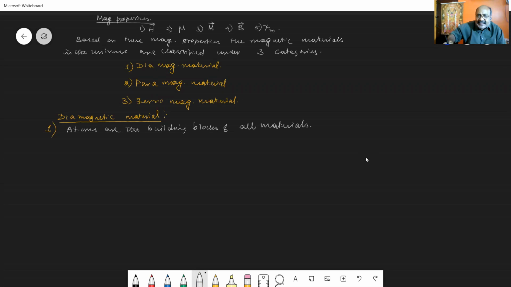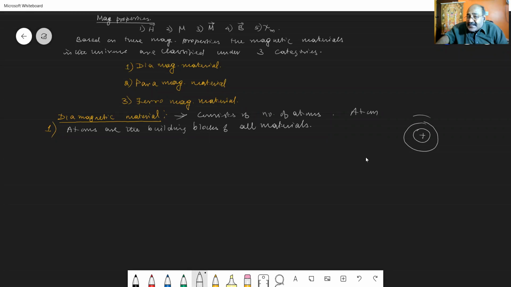So if you are considering a diamagnetic material, this diamagnetic material consists of innumerable atoms, a large number of atoms in it. When you are considering an atom, at the center of the atom you have a positively charged nucleus, around which, in different orbits, electrons are revolving.